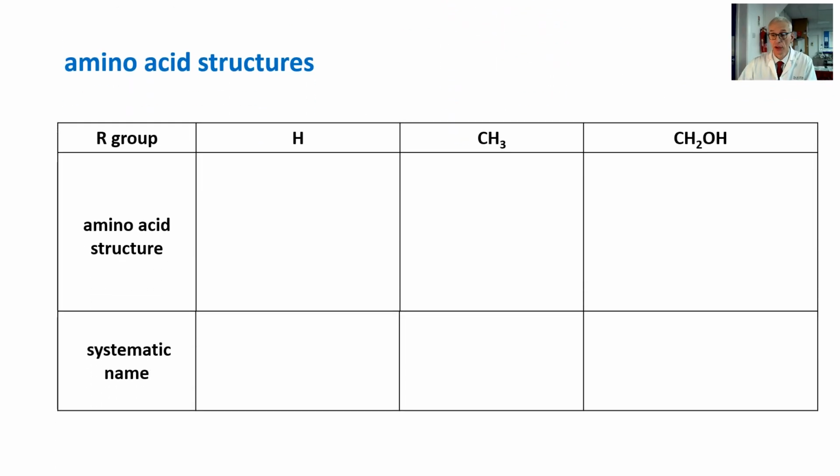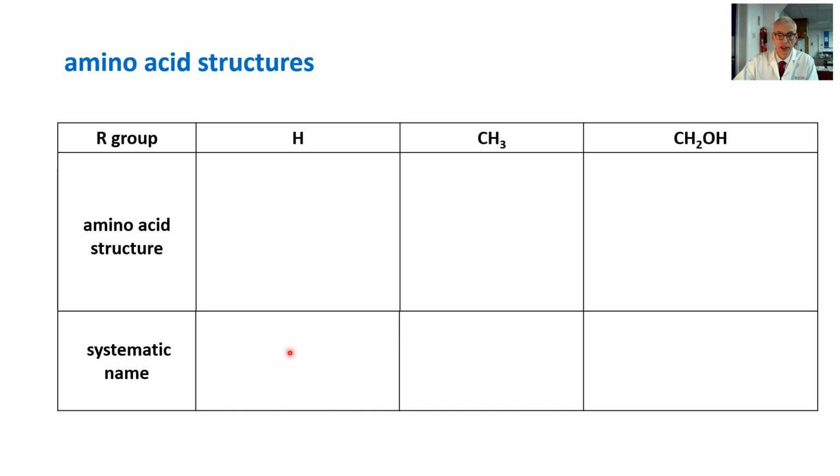So I'd like to give you 3 problems based on the structure of amino acids. So the R group is hydrogen, alternatively CH3, alternatively CH2OH. Can you draw the structure of the amino acid and deduce the systematic name?